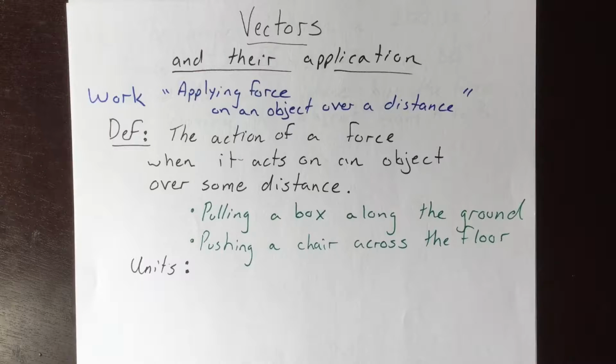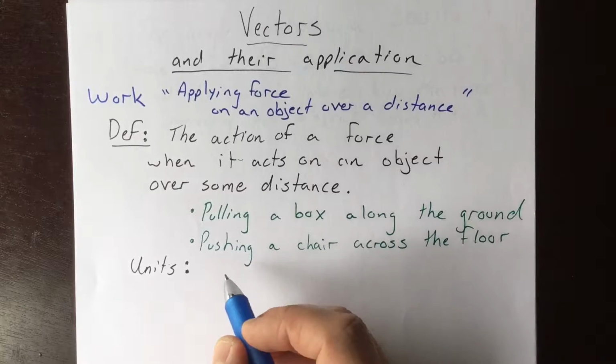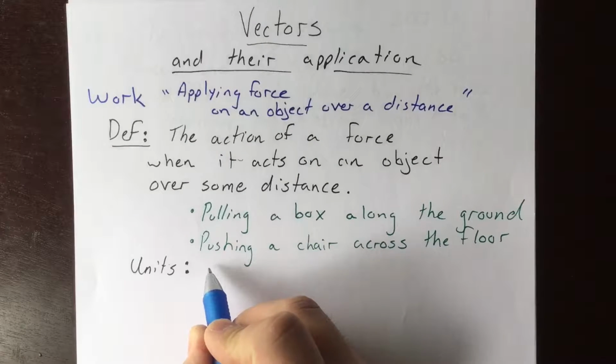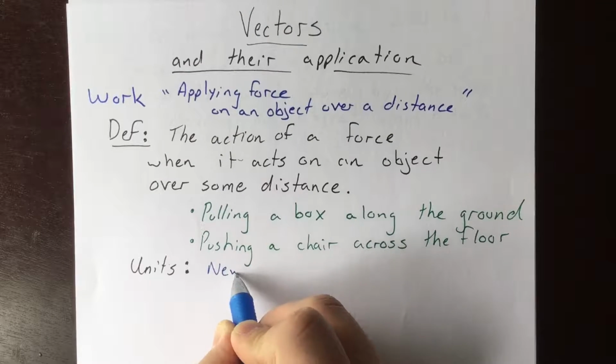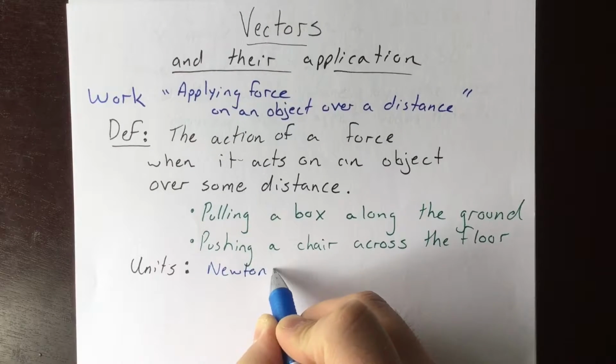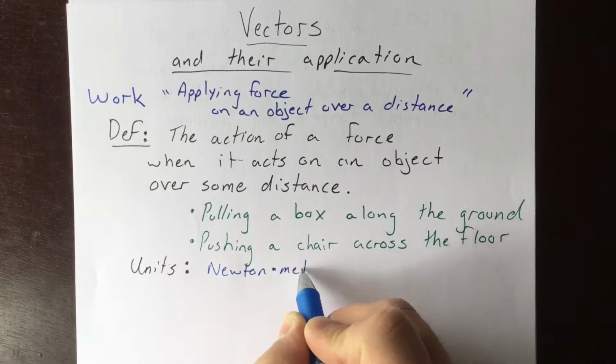Now, the units, because with force, we have pounds, we have newtons, and then for distances, we have feet, and we have meters. We have two different units possible, depending on how everything's measured. So the most common way of measuring work is what's called a Newton meter. Newton times meter.